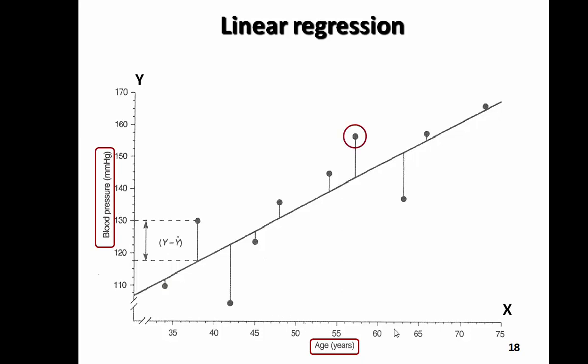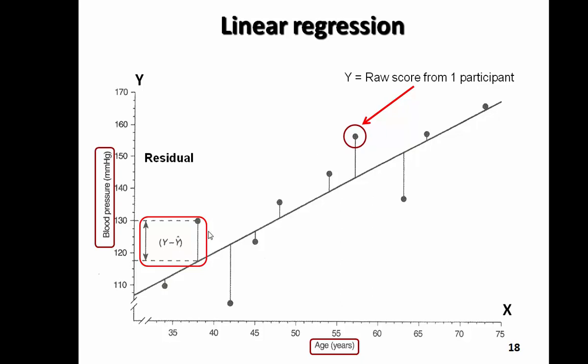And what we see here on the scatter plot, once again, we have the raw score from one participant of a certain age. And very important here is y subtract y hat. And that difference between this value here, the observed value for this research participant, exists at a particular vertical distance from the line of best fit.